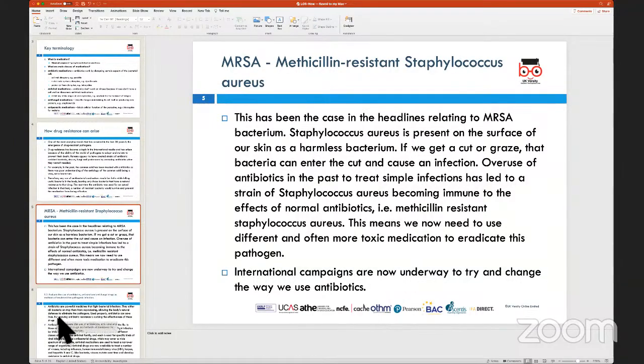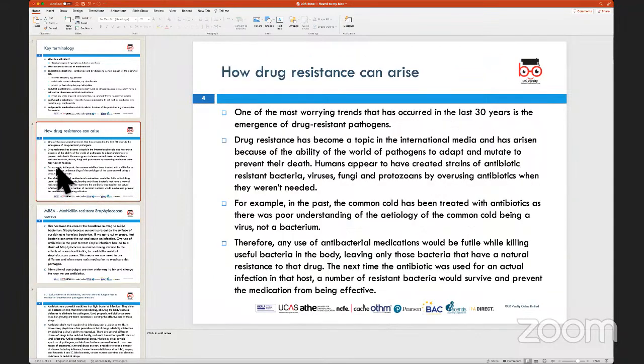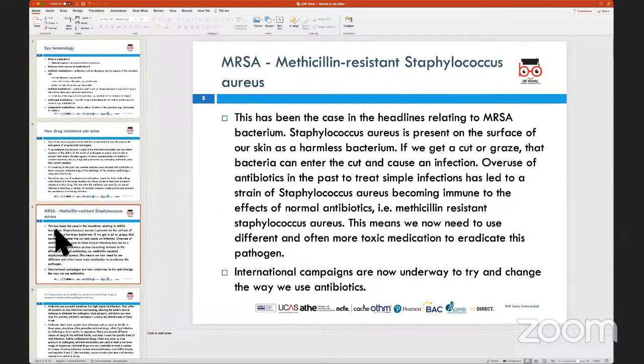So we need to understand drug resistance and then look at an example of where certain bacteria or viruses have developed resistance to antibiotics or drugs. And that is where, when the resistance is developed, these medications become ineffective. Is that okay? Any questions on this so far?